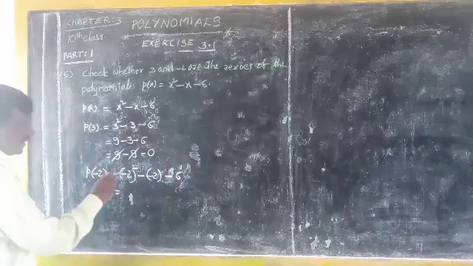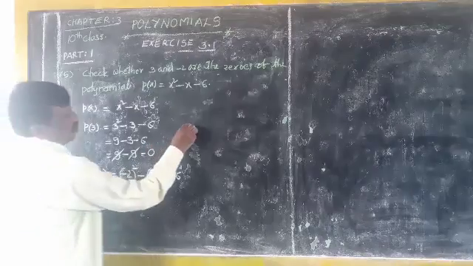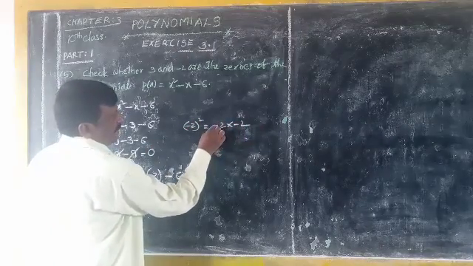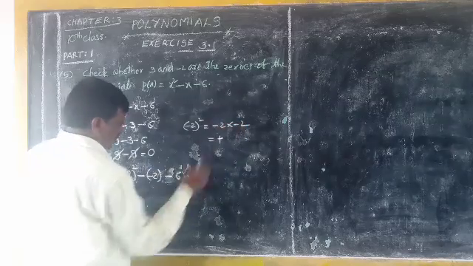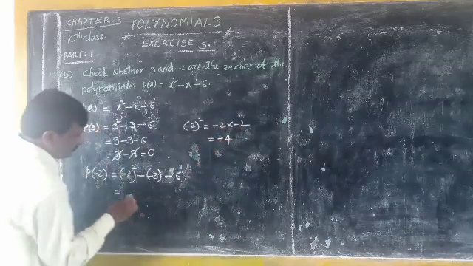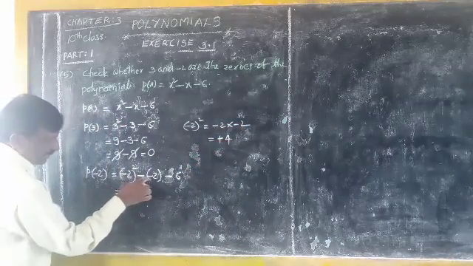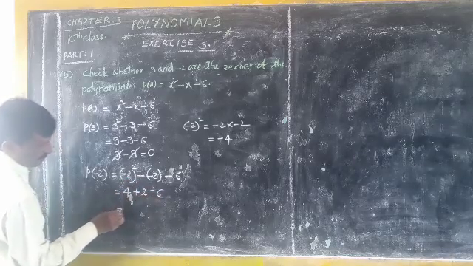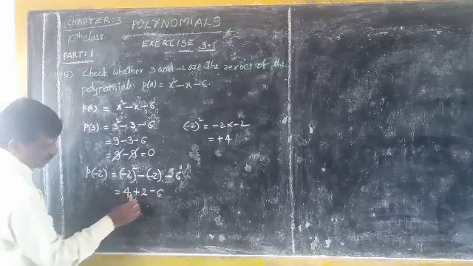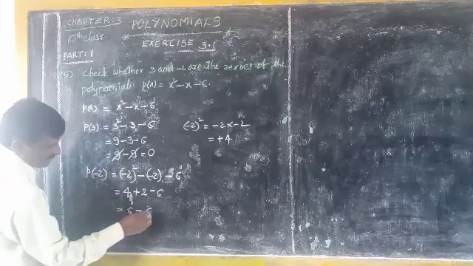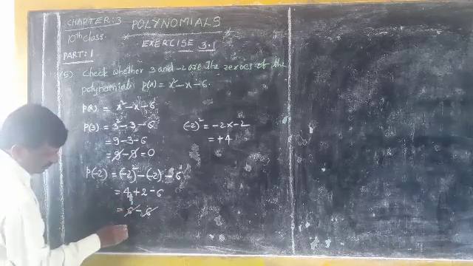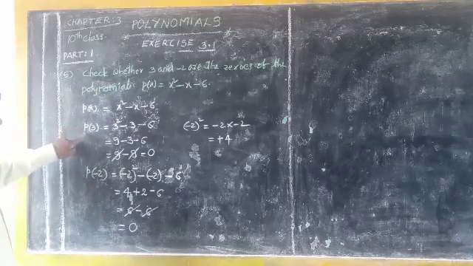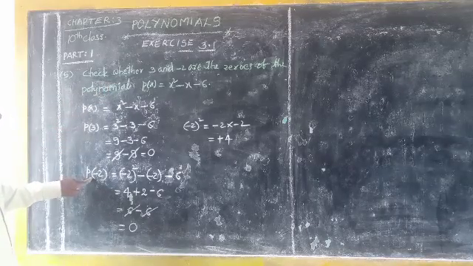Minus 2 whole square is minus 2 into minus 2, which is 4. So 4 plus 2 minus 6, which is 6 minus 6, so 0. So p of 3 and p of minus 2 are equal to 0.